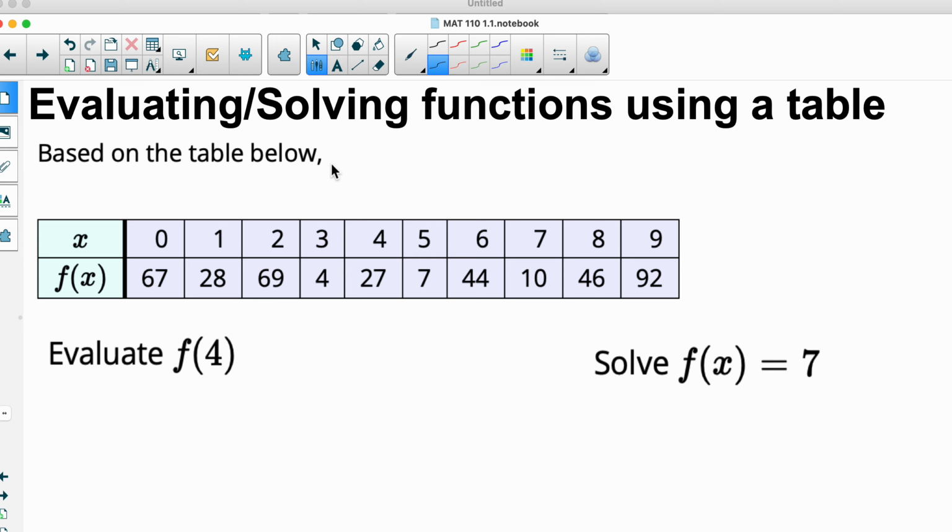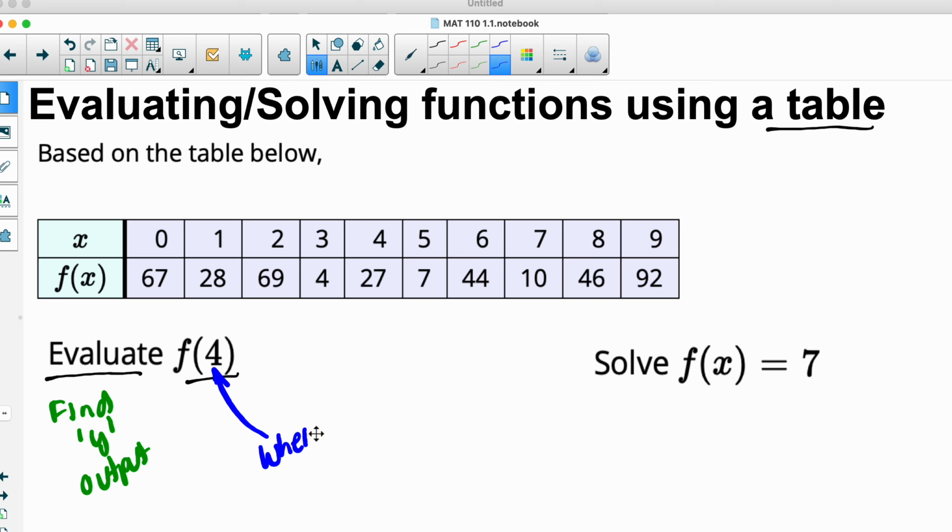All right, so we can also use tables to evaluate and solve functions. So when I look here, I'm saying evaluate f of 4. So this means find the y value or the output when my input is 4.